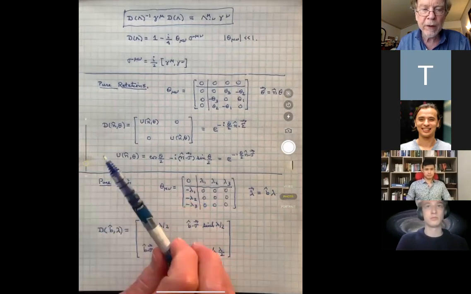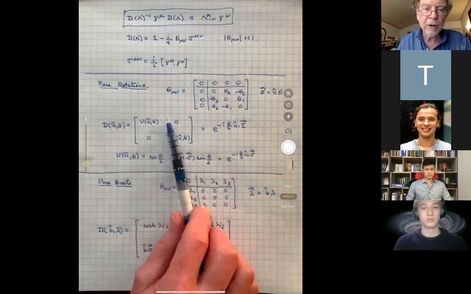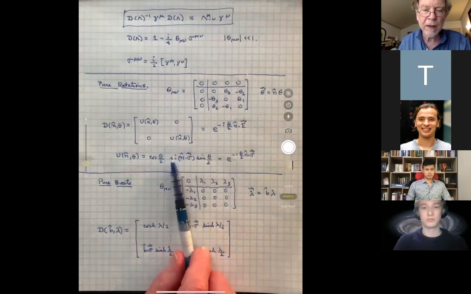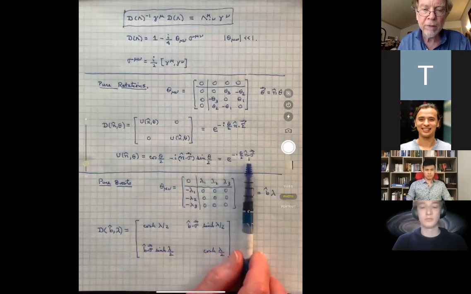And then putting that together, we obtained a formula for the D matrix, which implements a spatial rotation on a Dirac spinor. Basically, the upper and lower 2-component Pauli spinors just get rotated by the standard 2-component Pauli rotation matrix, which is given here in terms of the exponential of the linear combination of the Pauli matrices.